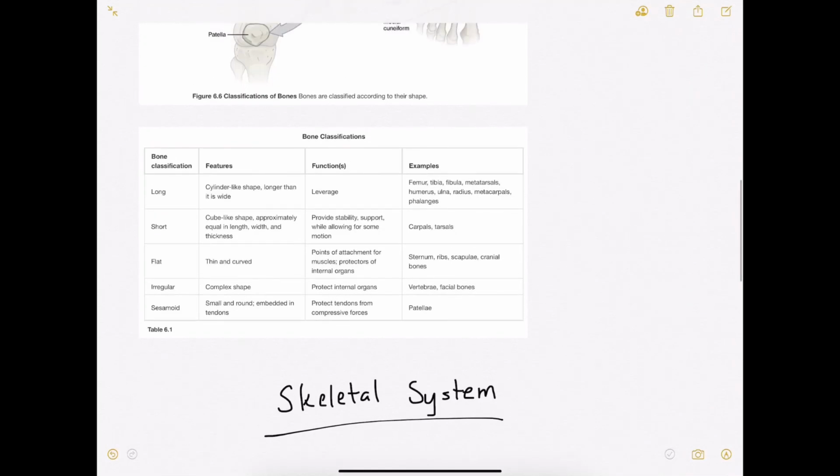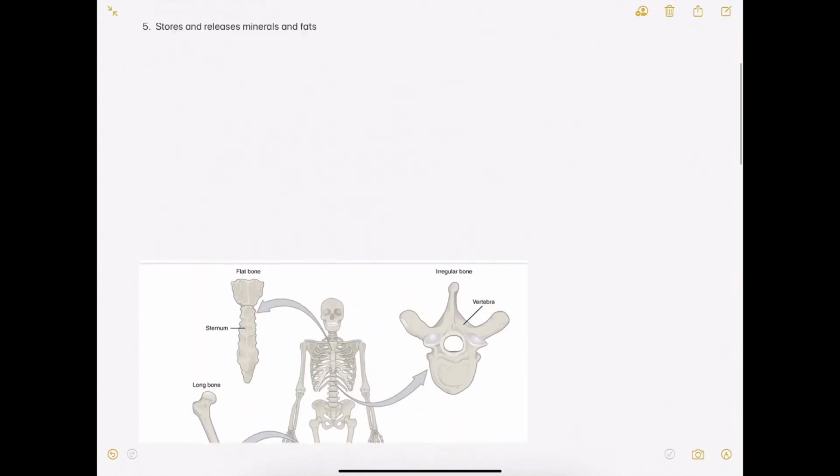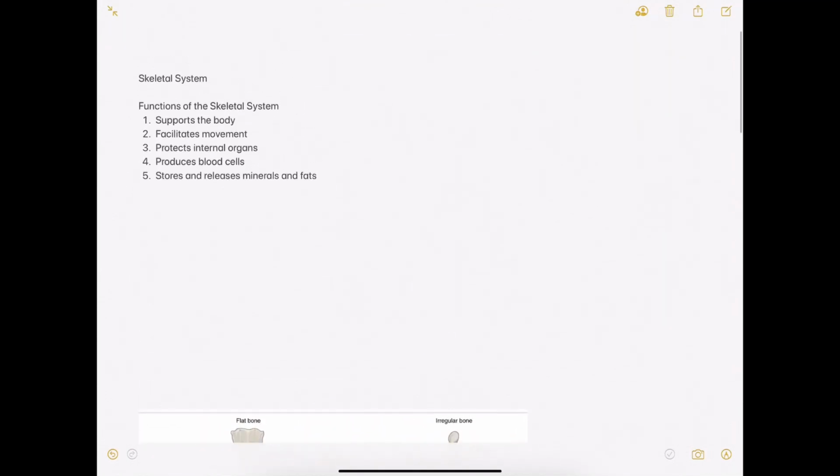So I hope that clarifies the function and also the different types of bones that we find in the body. In our future videos, we're going to go more in depth with the specifics of the skeletal system, like the appendicular system or the axial skeletal system, and also how bone is formed, which is a very, very complex process, but it's not too difficult.